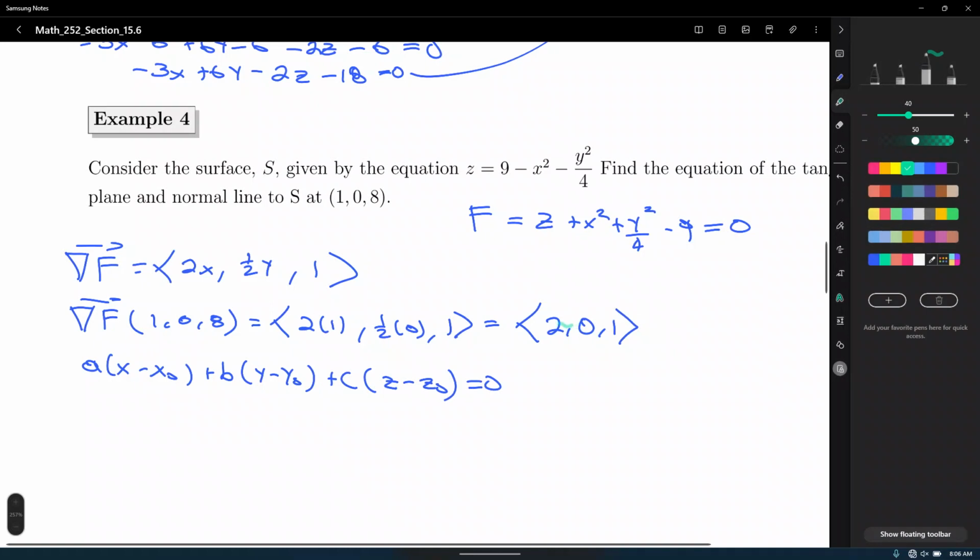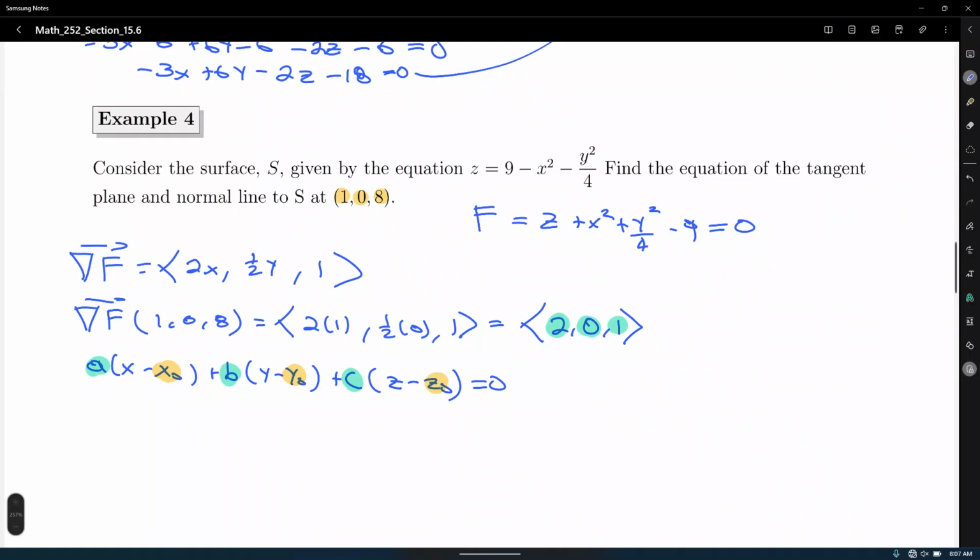Recall that a, b, and c are the components of the gradient vector, and x naught, y naught, z naught are the coordinates of the given point. Again, this is very formulaic. Just make sure to get the correct implicit function and use the correct differentiation rules. That's where things could go a bit wrong. Other than that, I think it's no big deal.